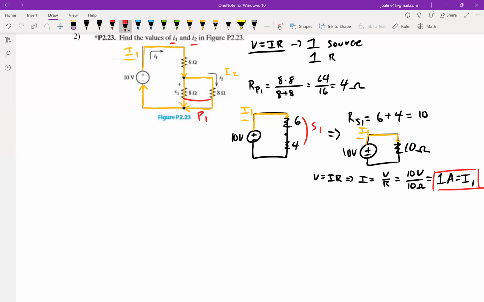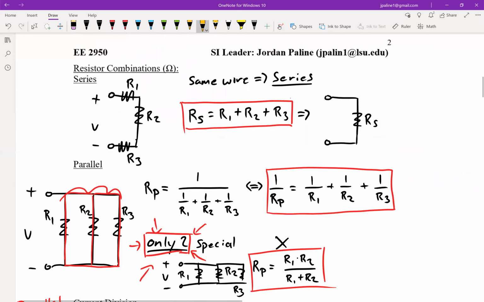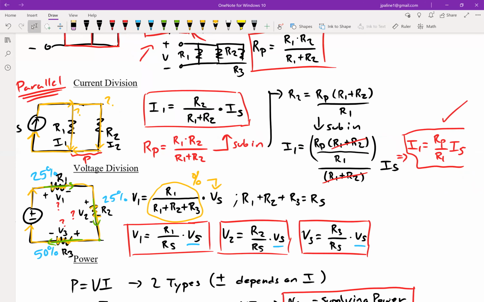Okay. So if we kind of look back at the circuit here, we know that this current is the same in this wire up until this point where it has to break off. We know that some will go this way and some will go that way. And if we have those two in parallel, from our concepts, we can use current division because they are in parallel.